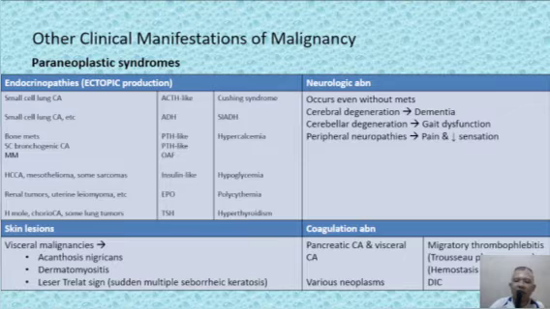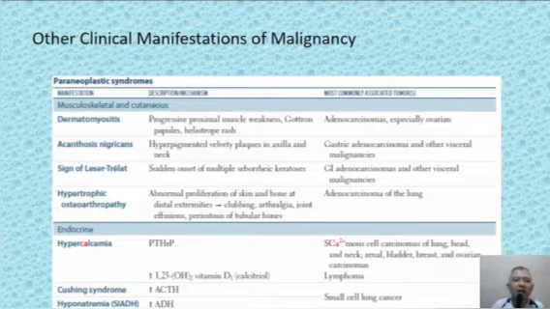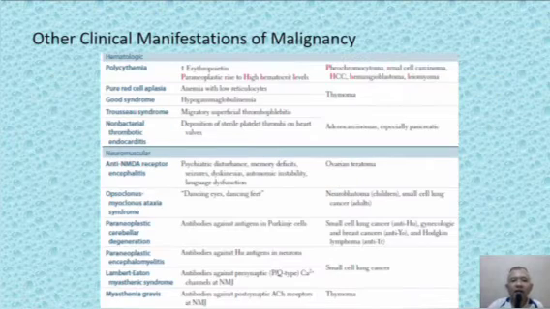Disseminated intravascular coagulation. And these are other examples of paraneoplastic syndrome. So for example, this squamous cell carcinoma of the lung, okay, will lead to hypercalcemia because of a production of parathyroid hormone. Okay, and these are other examples. You can always go through them.